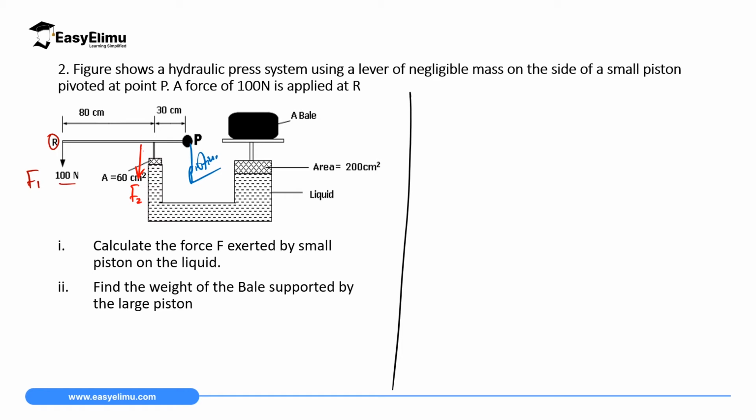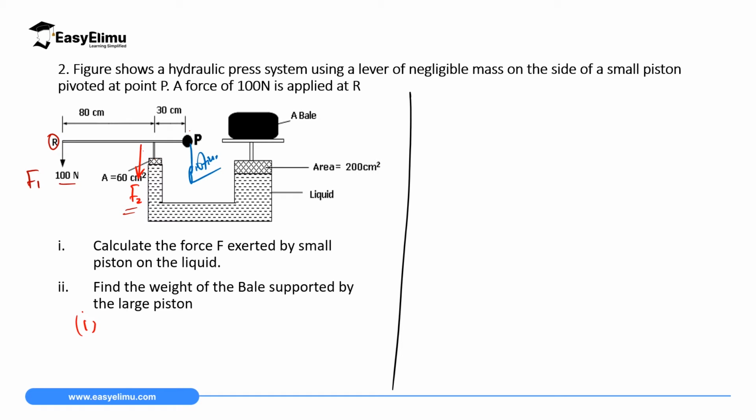Now here, since we have also distances from point R to this piston, that is 8 centimeter. From the pivot to the piston is 30 centimeter. Then in this case, we are going to use the principle of moment to calculate this force F2, which we don't have. And if we use the principle of moment, then let's handle the first one.